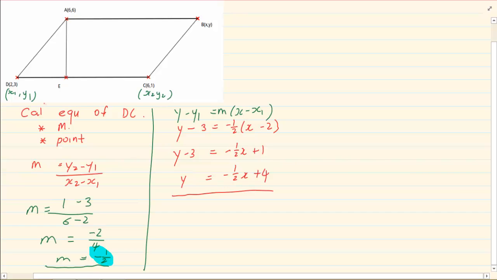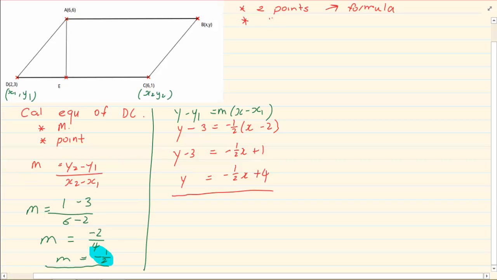Now let's go over this. When we want an equation of a straight line, I need my gradient and I need my point. You can get your gradient in different ways. Sometimes they give you 2 points. Sometimes they tell you it's parallel. So they can give you 2 points, and when they give you 2 points, you're going to use the formula.